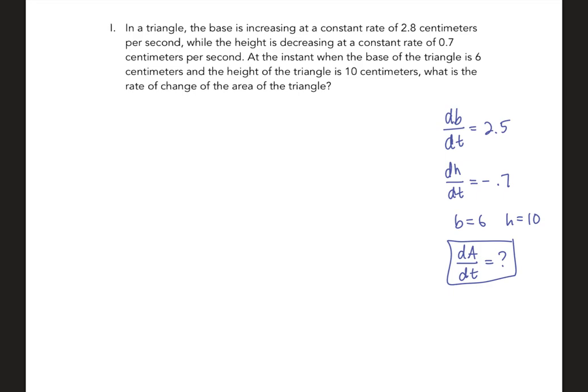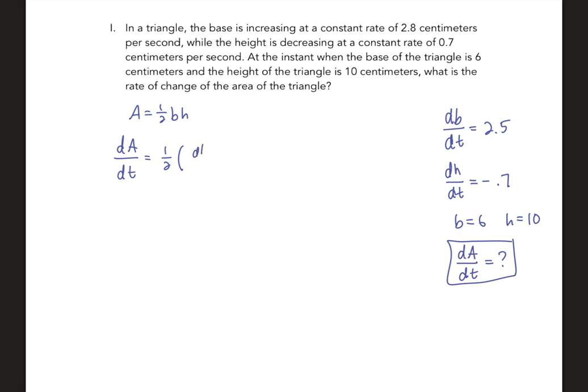Okay, so all our variables are A, B, and H. So area is 1/2 base times height, so we'll definitely use that. Alright, so we'll just take the derivative just like it is. Pull out the 1/2 and then do the product rule with the rest.